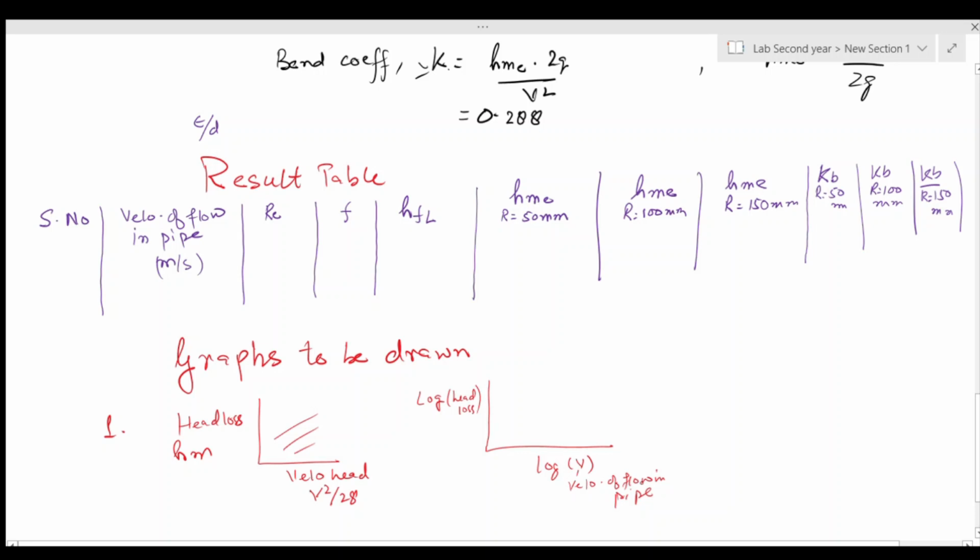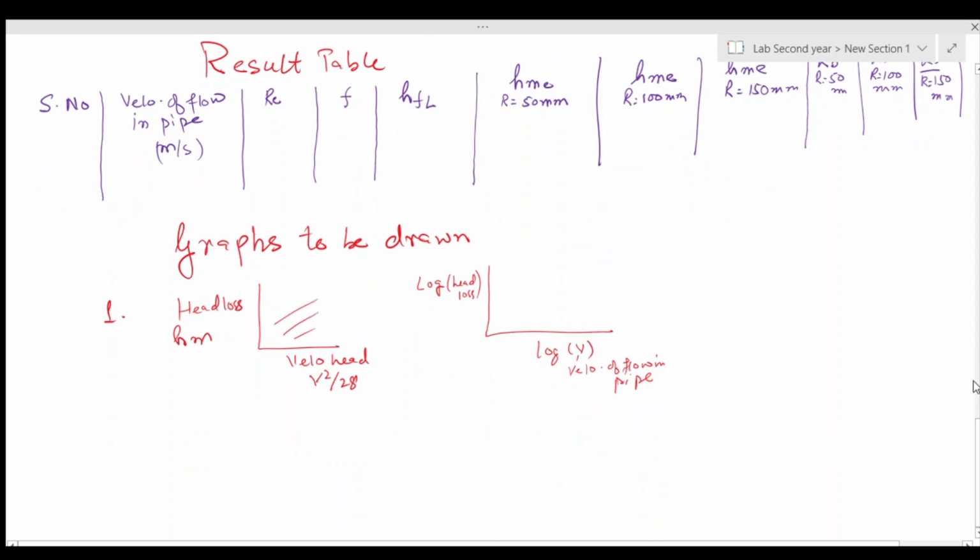So these are the two graphs which are to be drawn. Now after that we would move on to the discussion which is needed, based on the result table and based on the graphs which we have drawn.